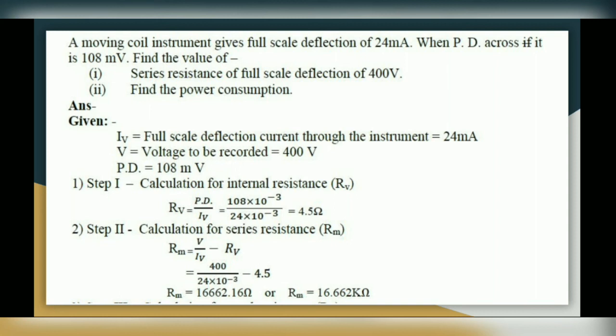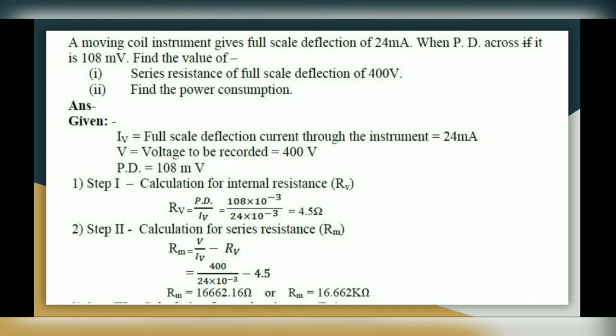So put this in this equation and you get the value of series resistance Rm, which is 16,662.16 ohm, or you can write it as 16.662 kilo ohm. This is the answer for series resistance, that is multiplier resistance Rm.